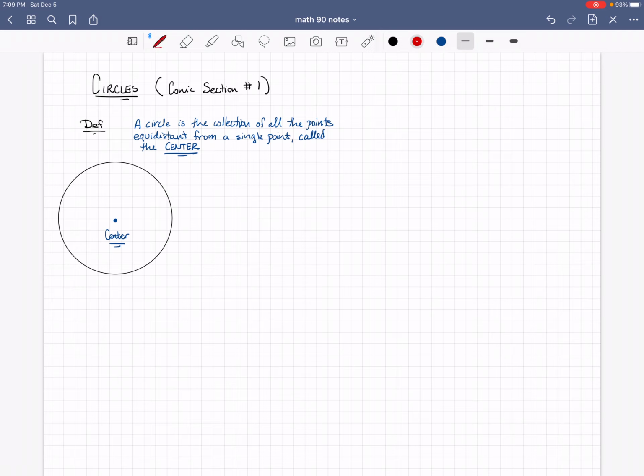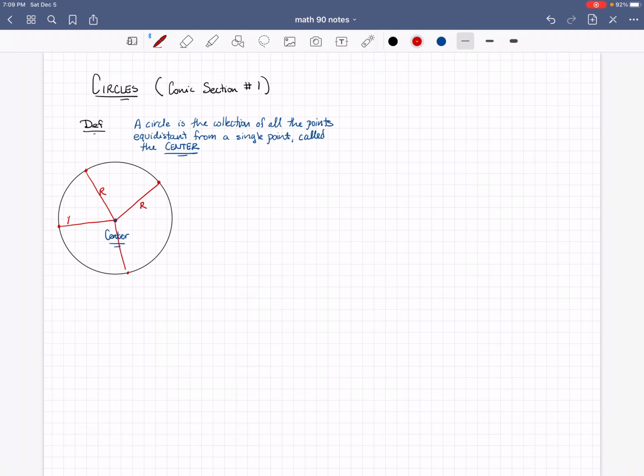And so what the definition is telling us is that if we take any point on the circle, anywhere at all, and we consider the distance from that point to the center, all of these are the same.